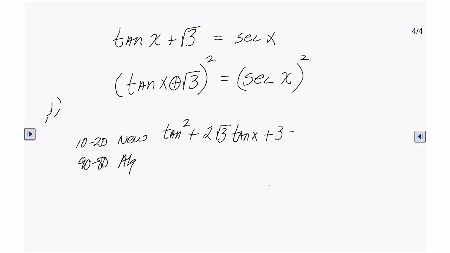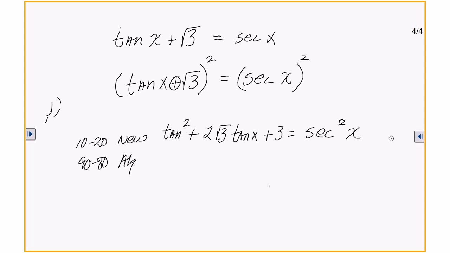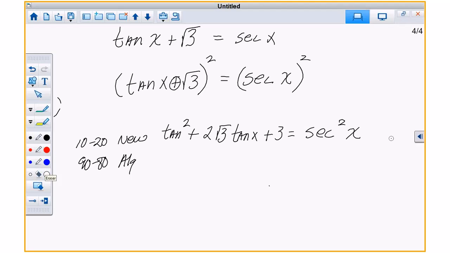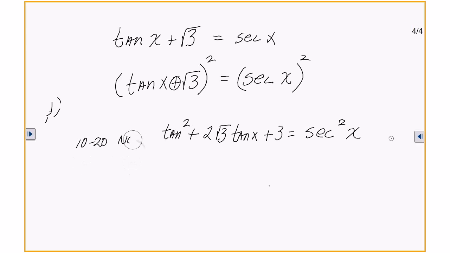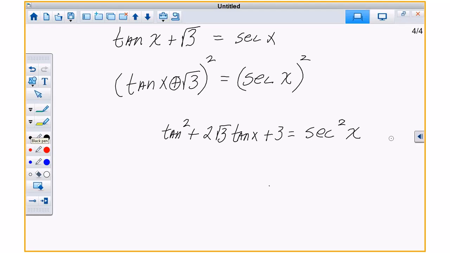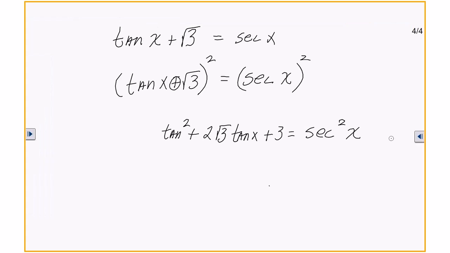Is equal to secant squared x. Now play around with it and see if you can get anything to line up. Or go ahead and change this into what?